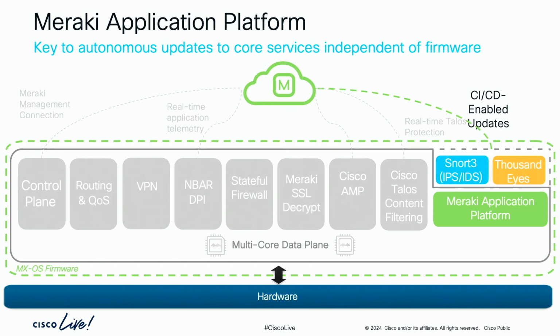The reason that they're out there is because we can update these two containers from the cloud without any need to update firmware. It's just automatically pushed directly from our cloud to the device at the edge. And this really helps us leverage things like CI/CD practices. It allows us to update quickly and efficiently.